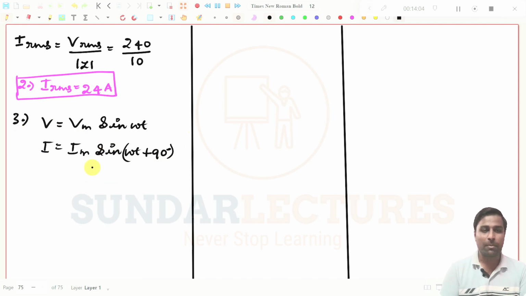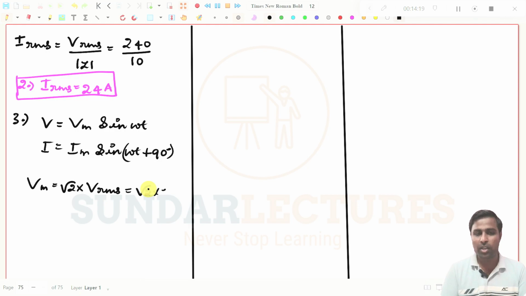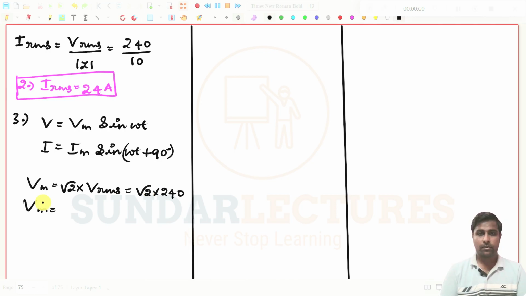What is Vm? Vm will be equal to square root of 2 into VRMS. We have seen this: VRMS is equal to Vm by root 2. So this value becomes root 2 into 240. And what Vm will we get?